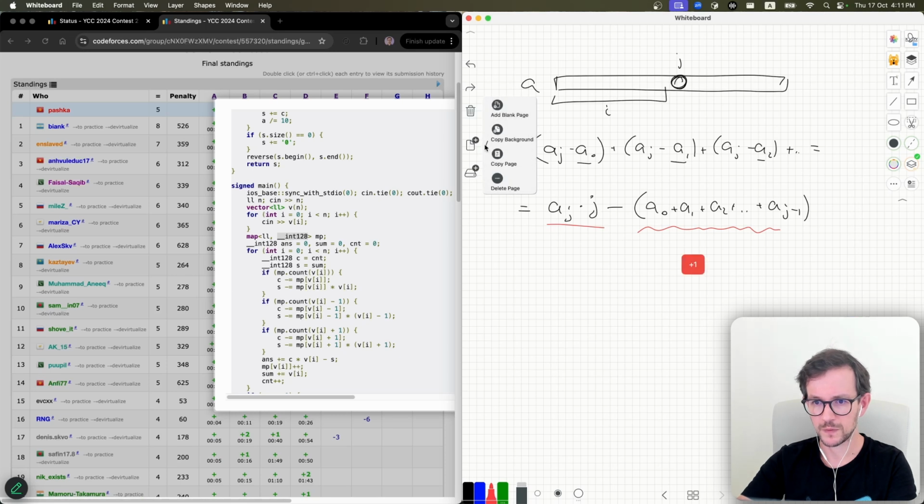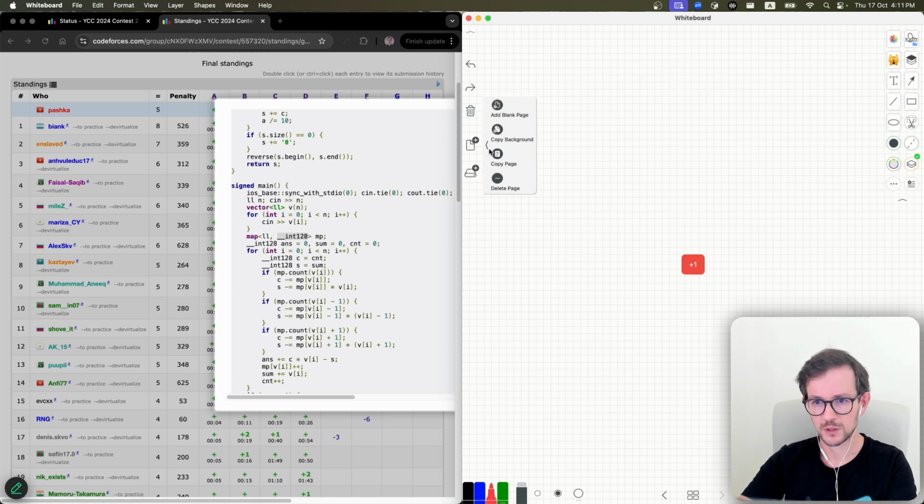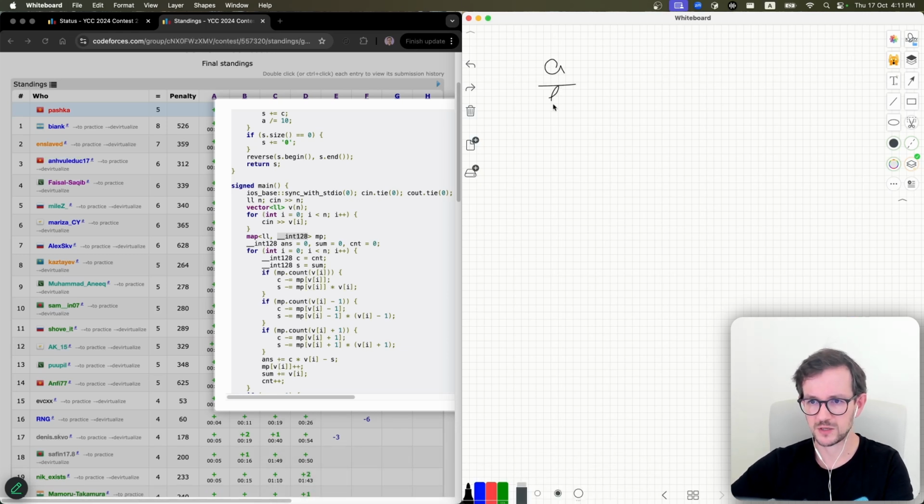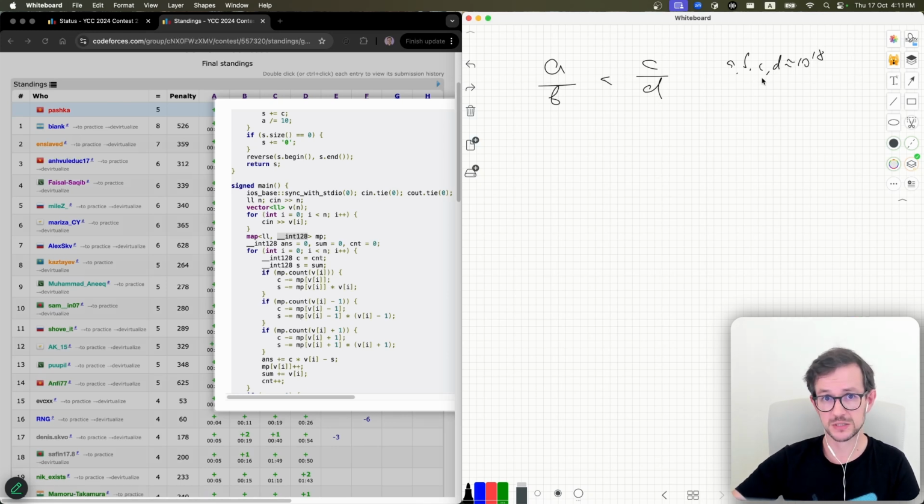For example, all numbers are small, but not relatively small. You need to check if a divided by b is less than, let's say, c divided by d, and all the numbers are like 10 power 18, so they fit in 64 bits.